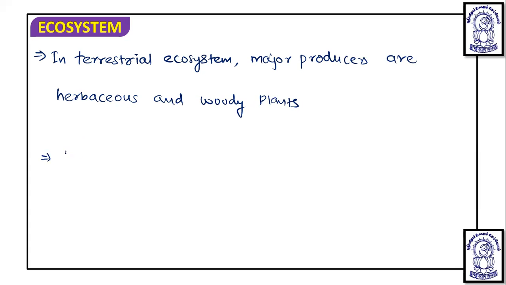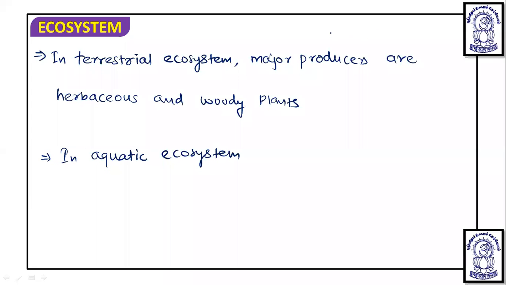Whereas in aquatic ecosystem, if we talk about the producers, it is known that the chief, meaning main, producers are phytoplankton.